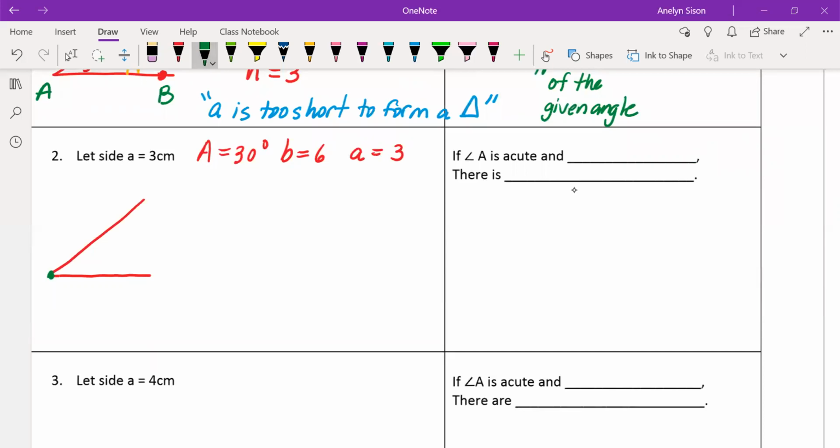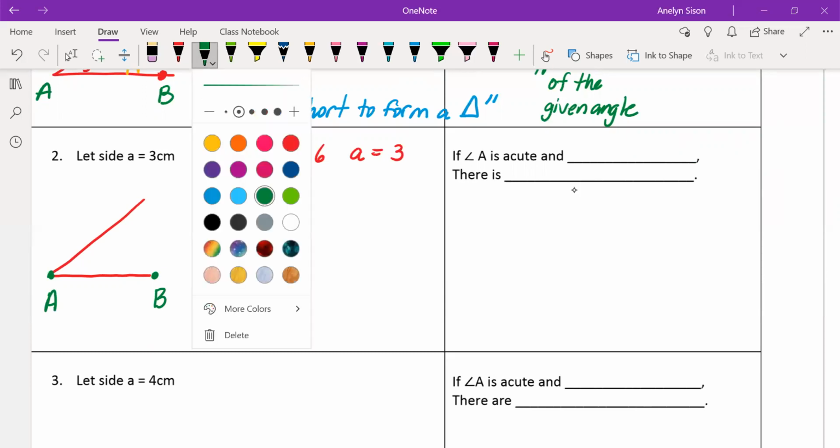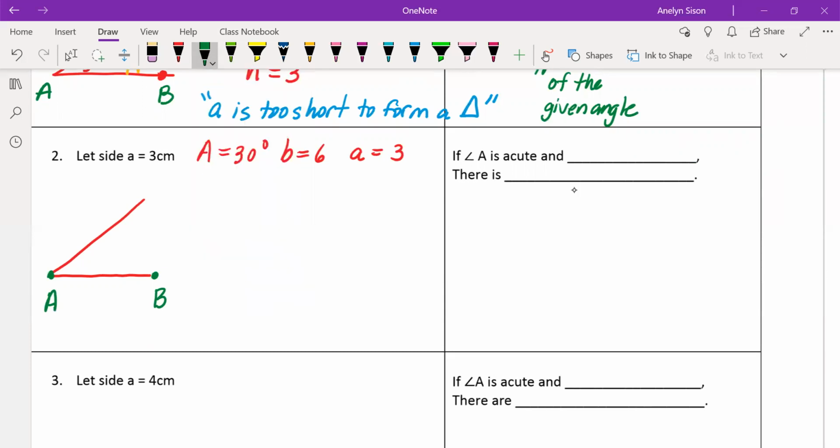The base left angle is our A, the base right is the other pair, the angle of the other side given. And they said that a is 3. And the angle here is 30 degrees.